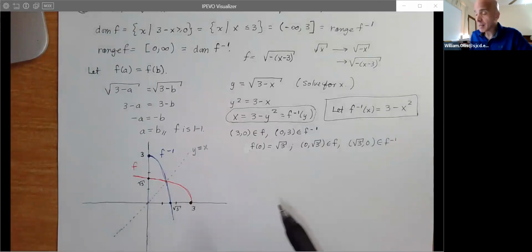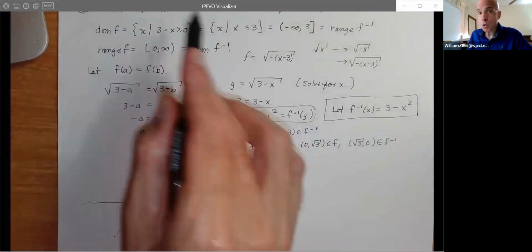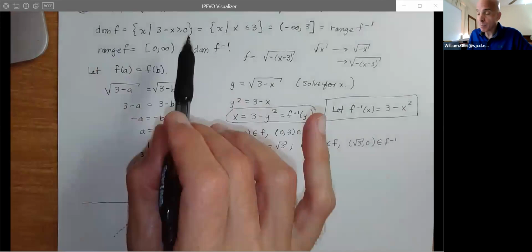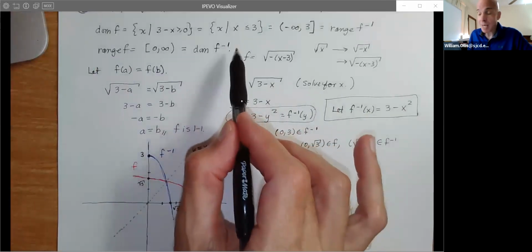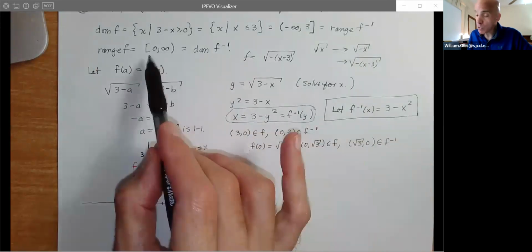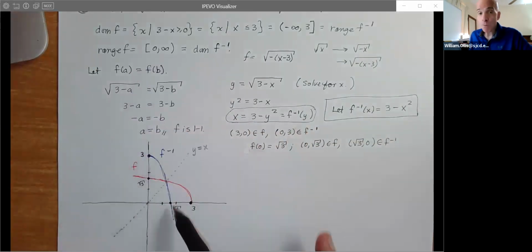So the idea here is that what I started out with was a nice one-to-one function that offered the restriction that we need. So when we get to the domain of f inverse, here's the restriction that makes this blue function one-to-one. Because if it weren't there, this would actually come over across this way. And of course, that's not one-to-one, but it's all built into the problem.